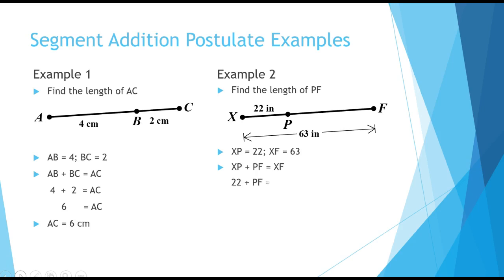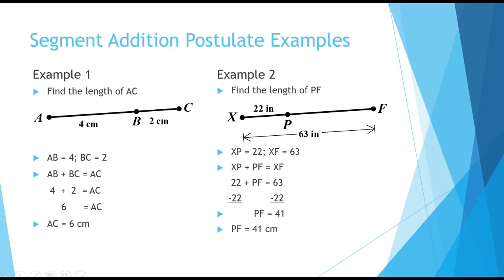When we substitute our values, we're going to use some equation solving strategies by subtracting 22 from both sides. We find that PF is 41, or PF is 41 centimeters.